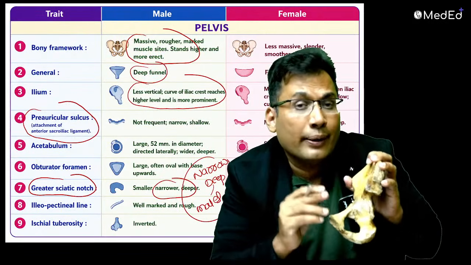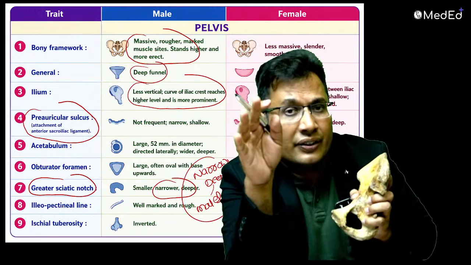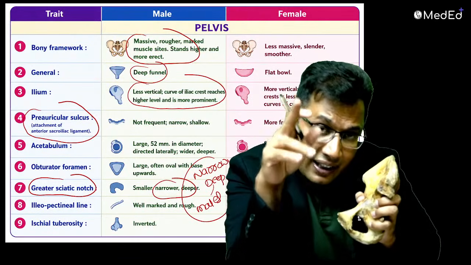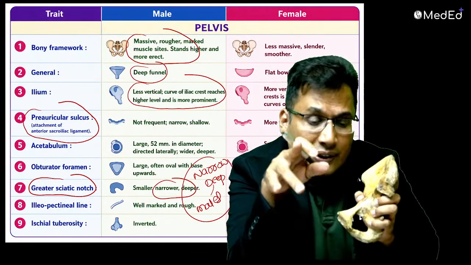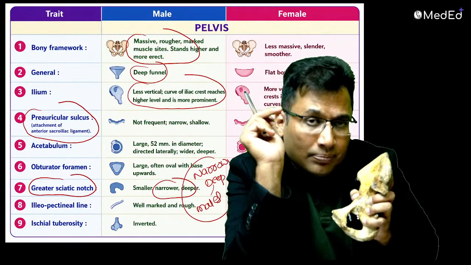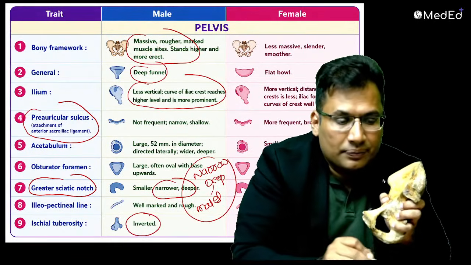This is a very important MCQ as well. The best feature of female pelvis before puberty, your answer must be greater sciatic notch. Greater sciatic notch is wider and shallower in female, narrow and deep in case of male. Very important. Then ischial tuberosity, that is inverted.